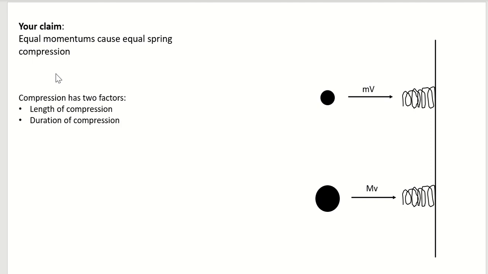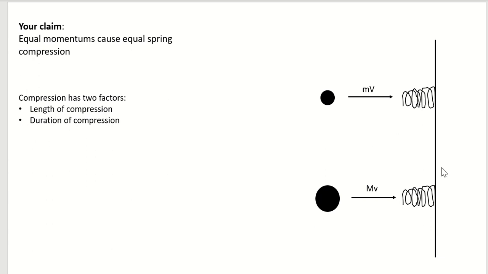So let's first note that when we are talking about spring compression, we can talk about either the length of the compression, meaning how many inches or centimeters we are making the spring shorter, or we can talk about the duration of the compression, meaning how long the spring feels the weight.